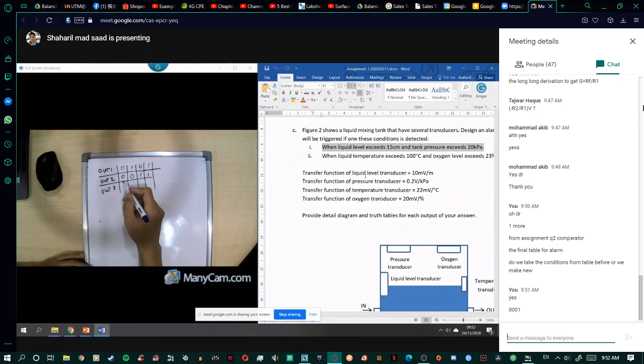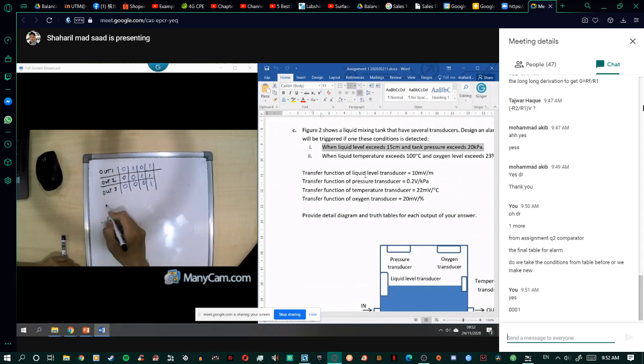Then this one is AND, so 0, 0, 0, 1. Then you get another output, let's say output 4 and output 5, and then output 6.